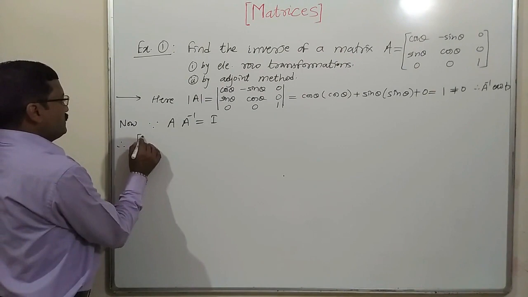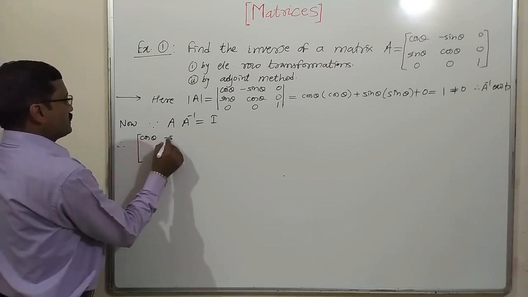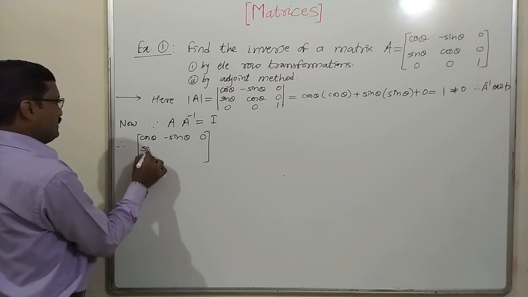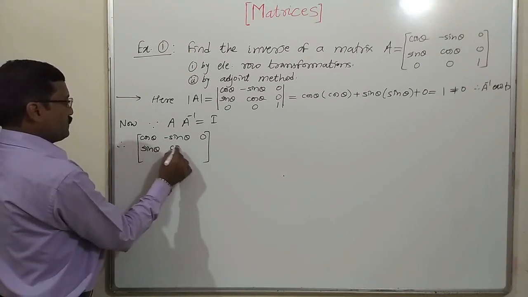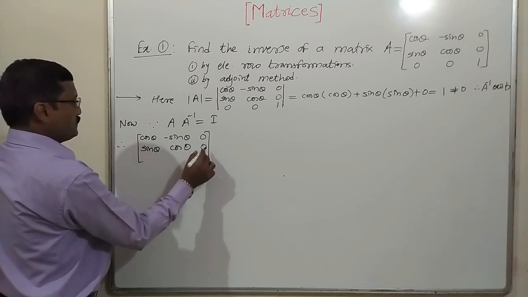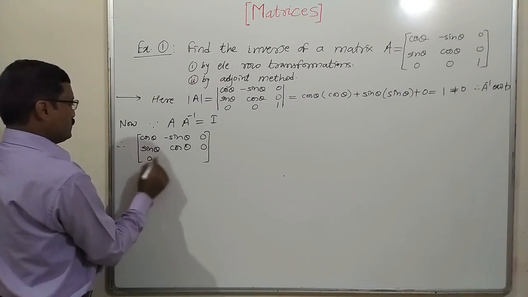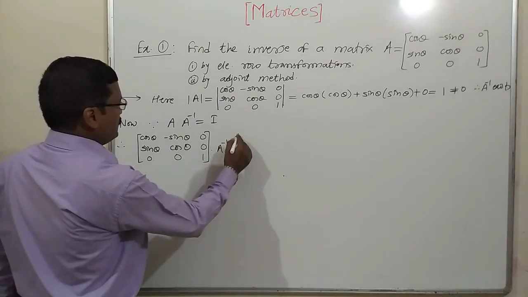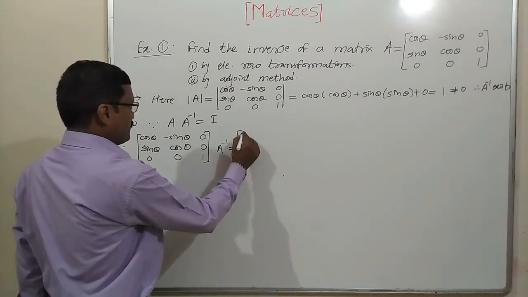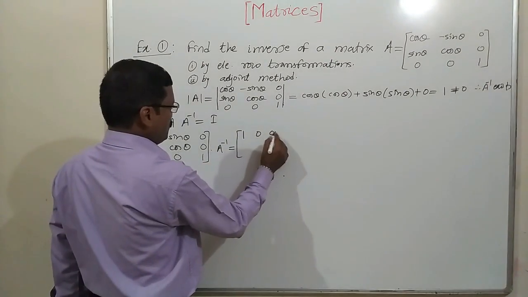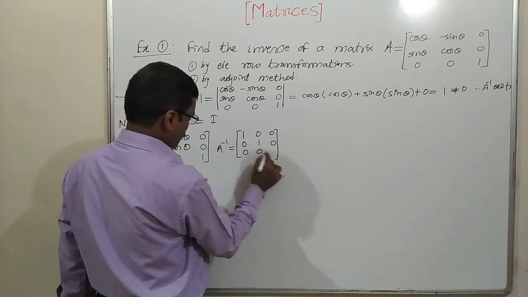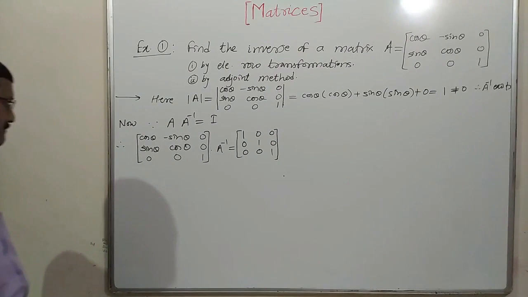A is cos theta, minus sin theta, 0, sin theta, cos theta, 0, 0, 0, 1 into A inverse is equal to the identity matrix 1, 0, 0, 0, 1, 0 and 0, 0, 1, which will be the first step.